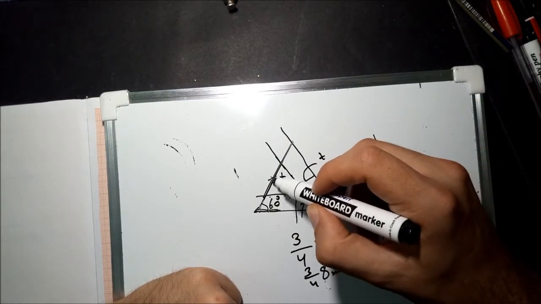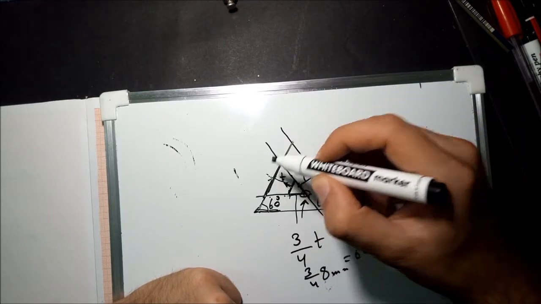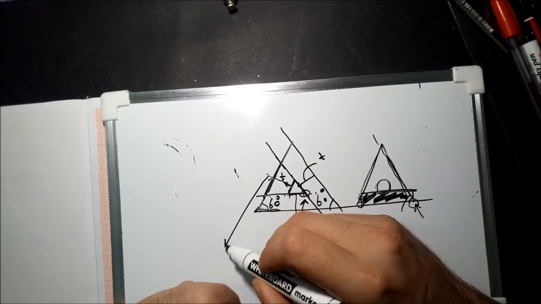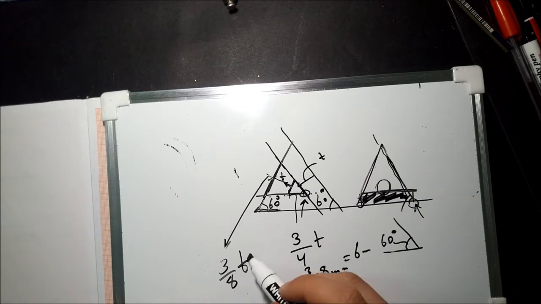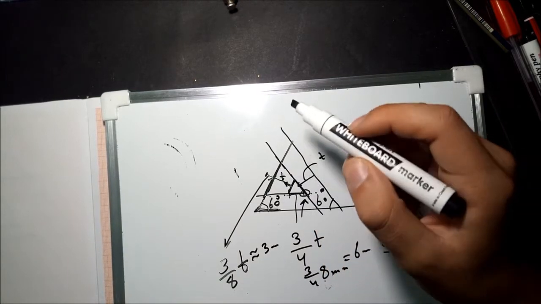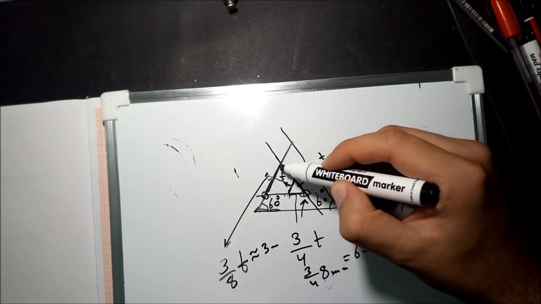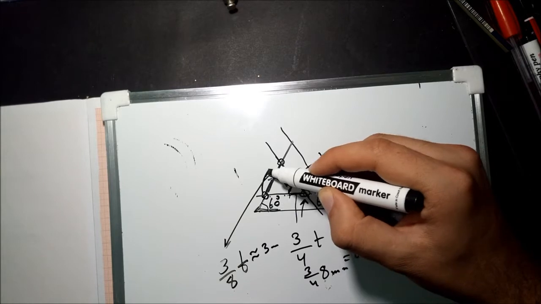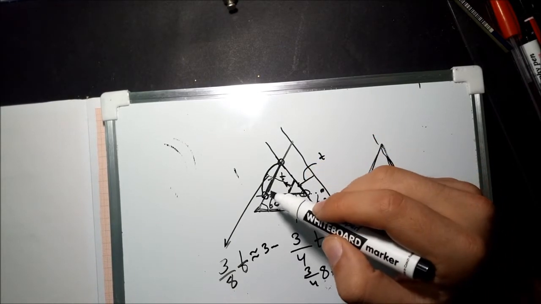Now from this side of the triangle we're going to take an arc. This dimension would be 3/8 T, which will almost equal 3 millimeters. You point out the 3 millimeters and you connect this point to this point, passing through the 3 millimeters mark.